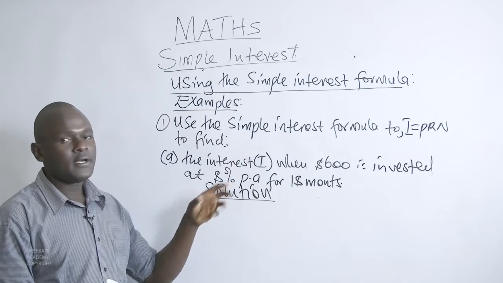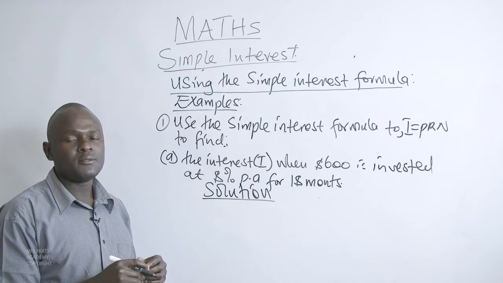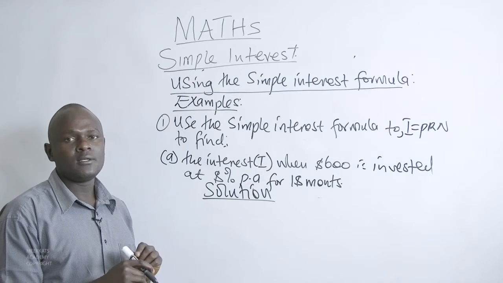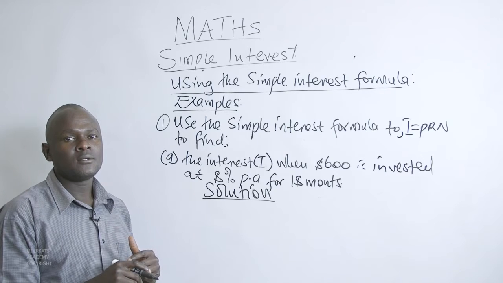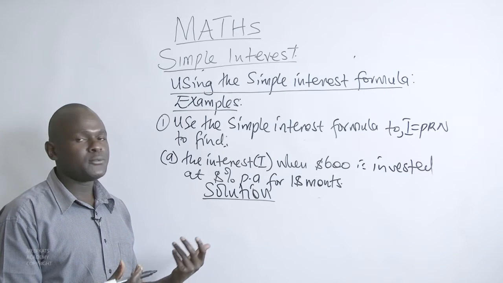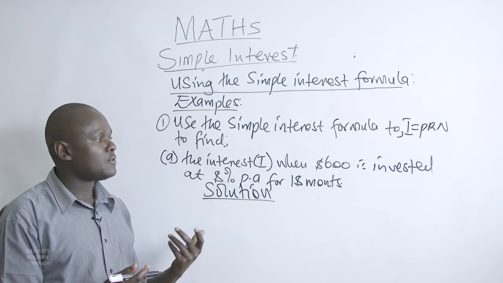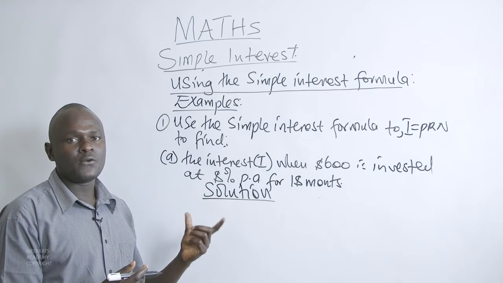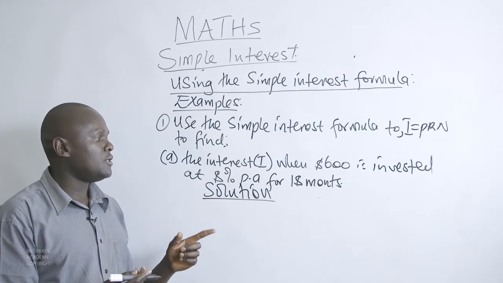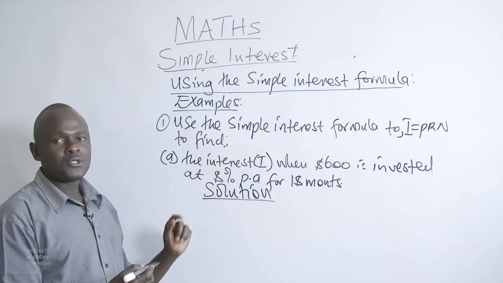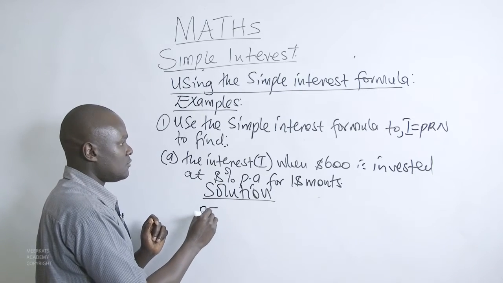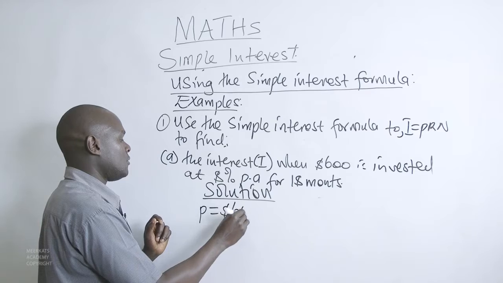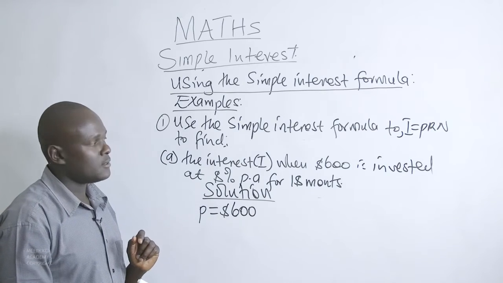We need to identify those components of the simple interest formula that are provided for. Then we write down our formula, after which we'll substitute those variables into the formula for us to calculate the simple interest. When we look at this question, the principal amount is $600.